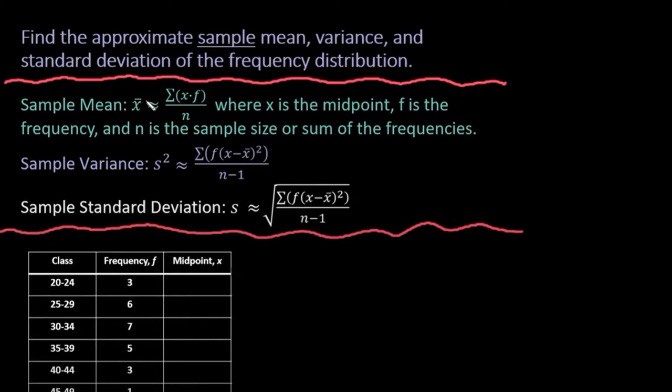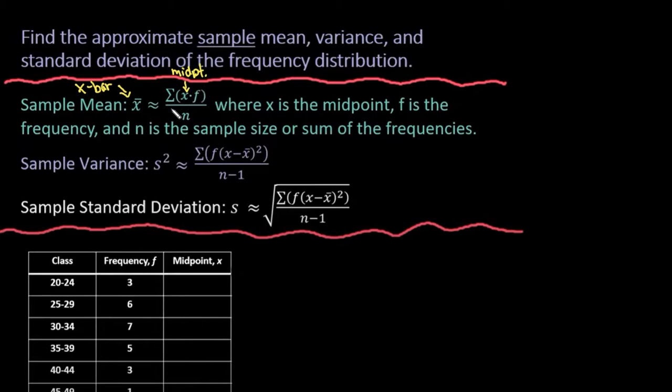So the sample mean, which is denoted by X bar, just in case you're not familiar with the symbols, this is X bar, and anytime you are finding the sample mean, that is the symbol that you are going to use. In order to find it, you are going to find the sum of your X values. In this case, my X values are going to be the midpoints of my frequency distribution times the frequency of each of those categories.